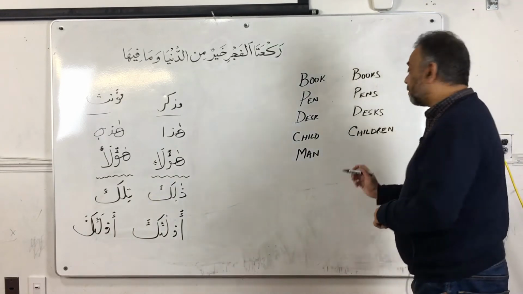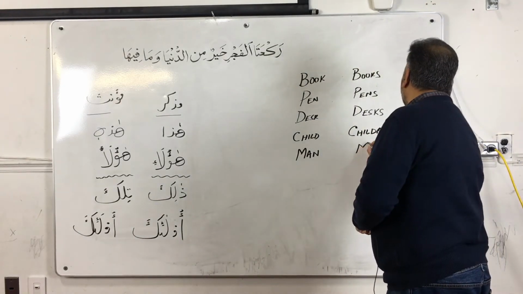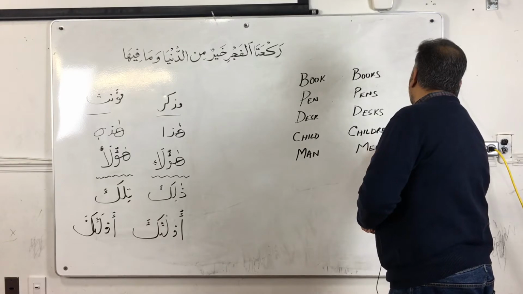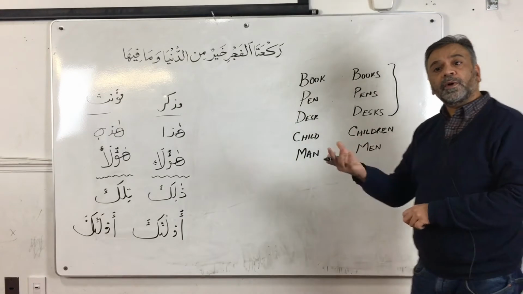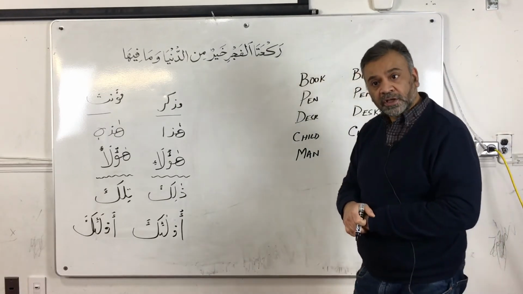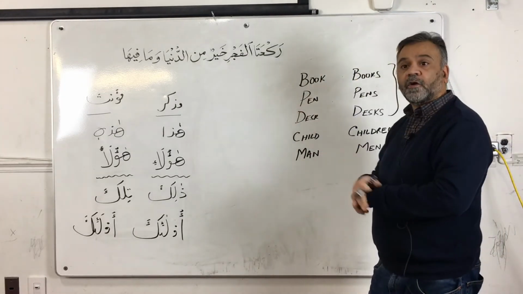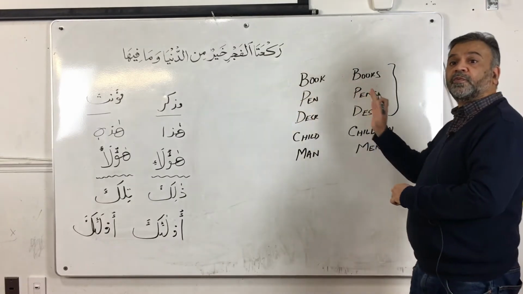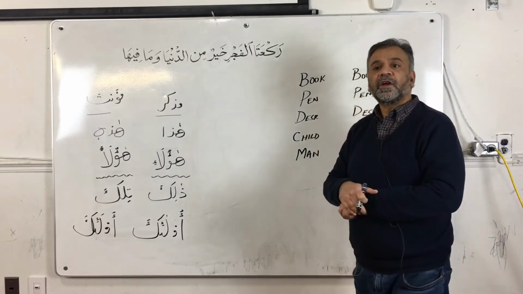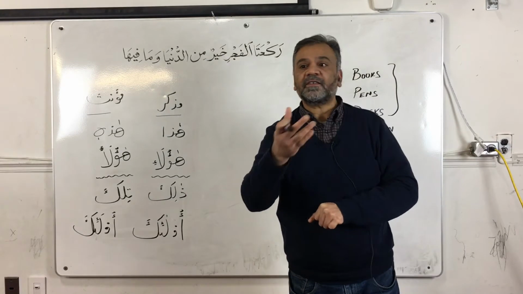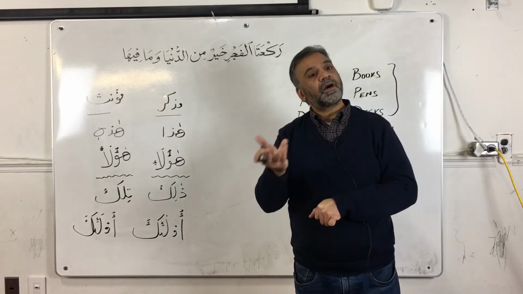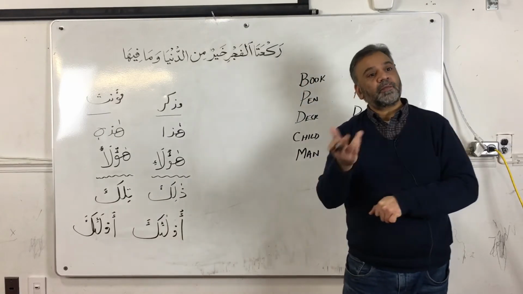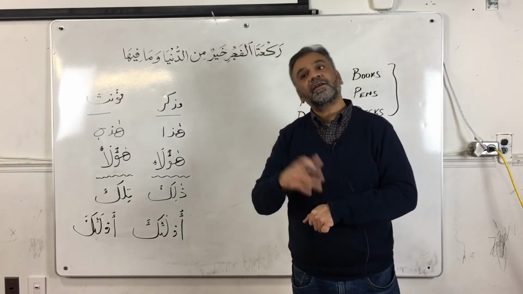Men. The normal or regular noun, which is in a singular form, when it moves into a plural form in English grammar, we simply add s. Cup, cups. Camera, cameras. Right? Light, lights.